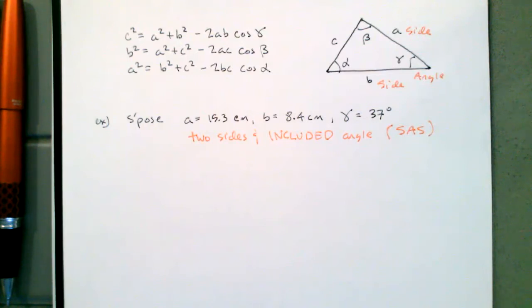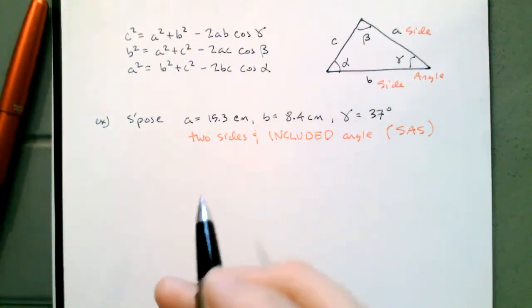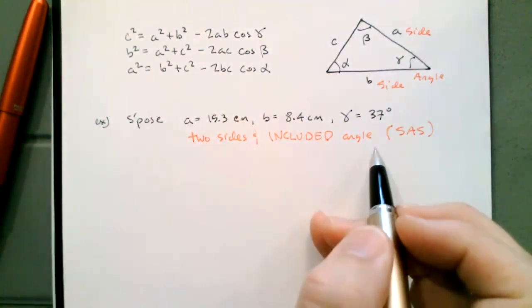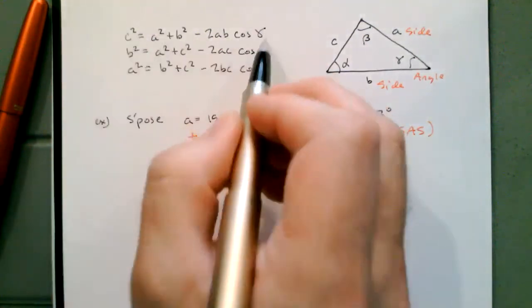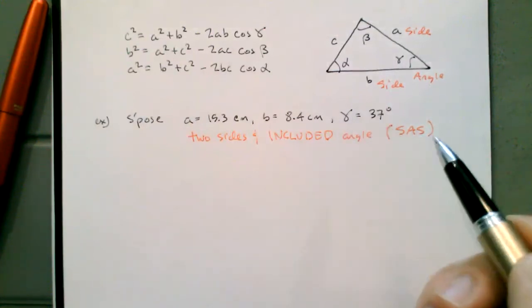When we're given two sides and the included angle, this looks like a job for the law of cosines. Because look how well this information is going to fit in to find side C. I can use these two sides and the included angle to find side C using this first version of the law of cosines because it involves gamma.